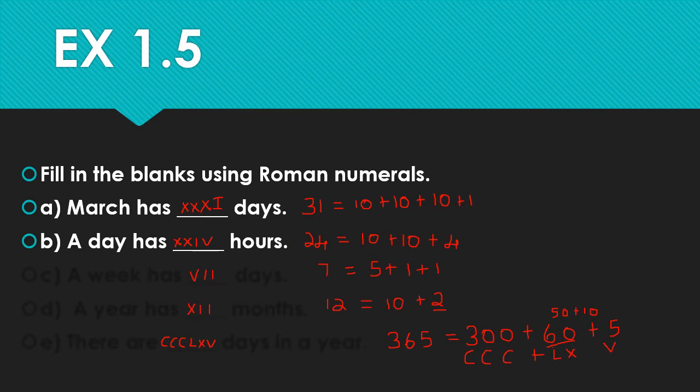So now you can write the symbol as X, X, and 4 you can write as I, V.